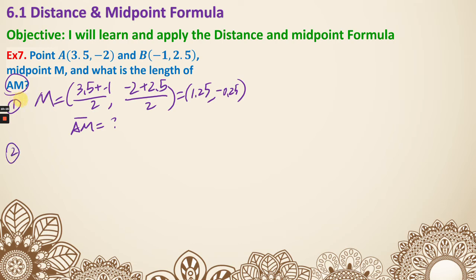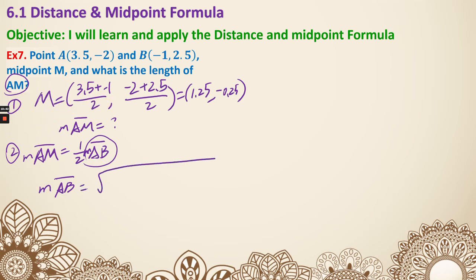I'm actually going to choose to use the second method. So let's think about it. If M is the midpoint, basically that means AM is going to be half of AB. That means I can choose to just find AB and then multiply by a half. And since AB are both given, I just find the distance of AB. That is going to be square root of -1 minus 3.5 squared plus 2.5 minus -2 squared.